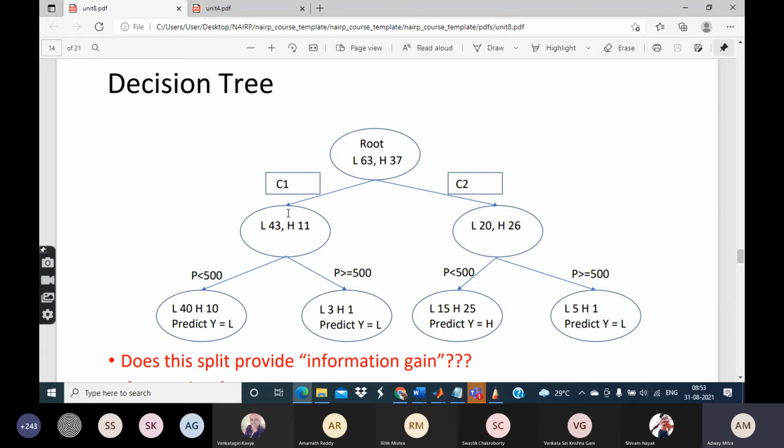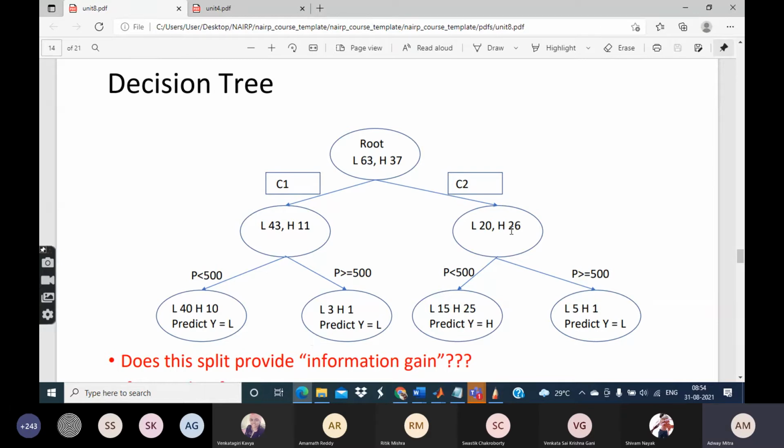But is there any difference between the high cost examples from company C1 and the low cost examples from company C1? It may be, it may not be either. But whatever it is, we can try to make such a split and see if it helps our classification. It turns out that in this case it does not help us.